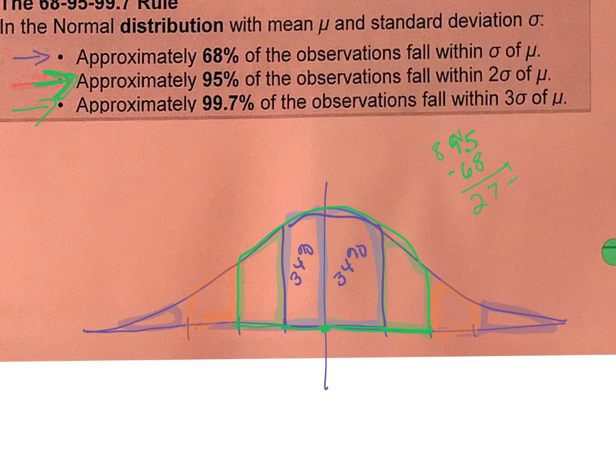So if we divide that by 2, there you go. What you find is that this particular area right there is 13.5% of the data, and this particular area right here is 13.5% of the data. It's the same on both sides, right? It has to be because we have a symmetric graph. That makes more sense. Okay.